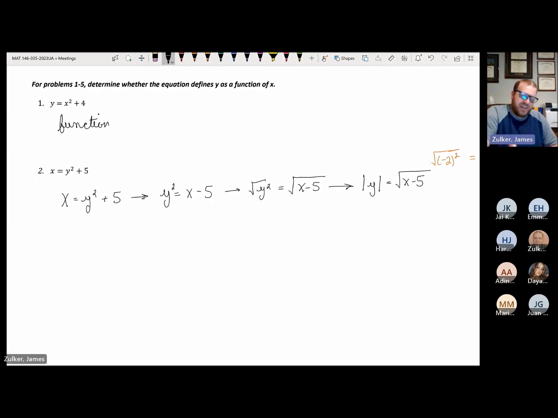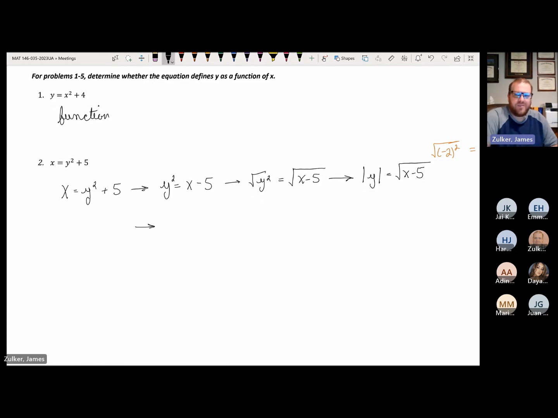The interpretation of that is y equals negative square root of x minus 5, or y equals the positive square root of x minus 5. That symbol is the symbol for or.